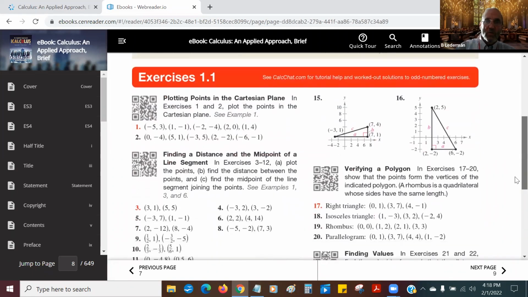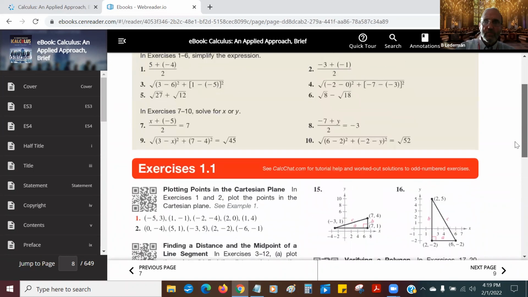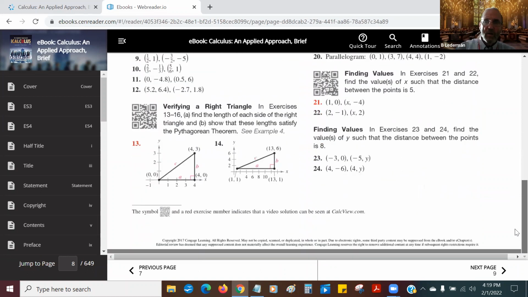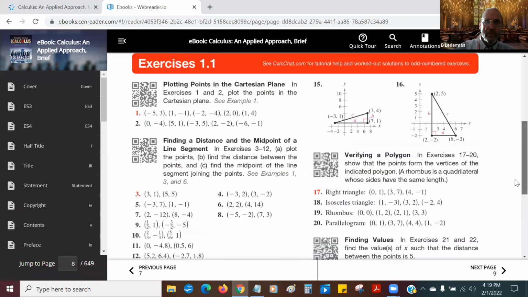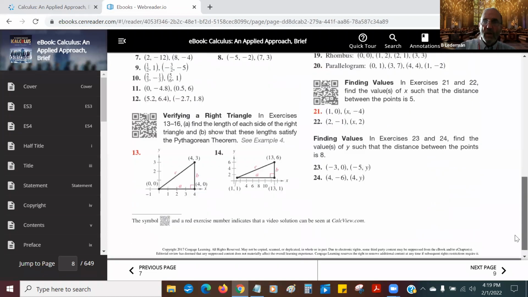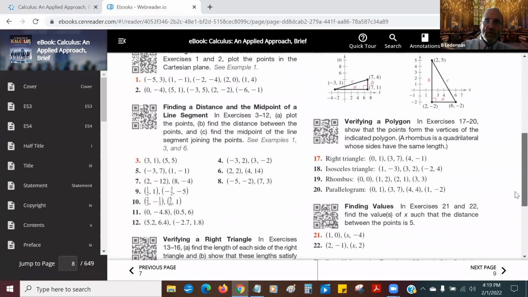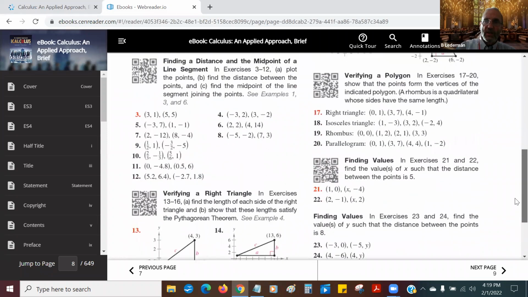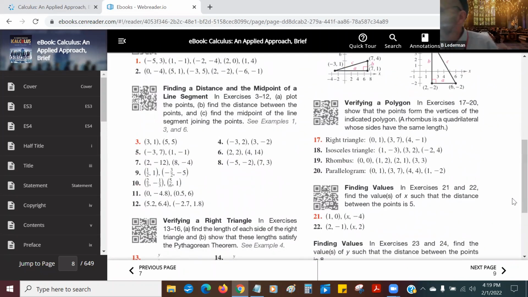Okay, so here's some homework problems. For homework, I want you to do all the ones that are red. So I want you to do number 1, number 3, number 13, number 17, and number 20.